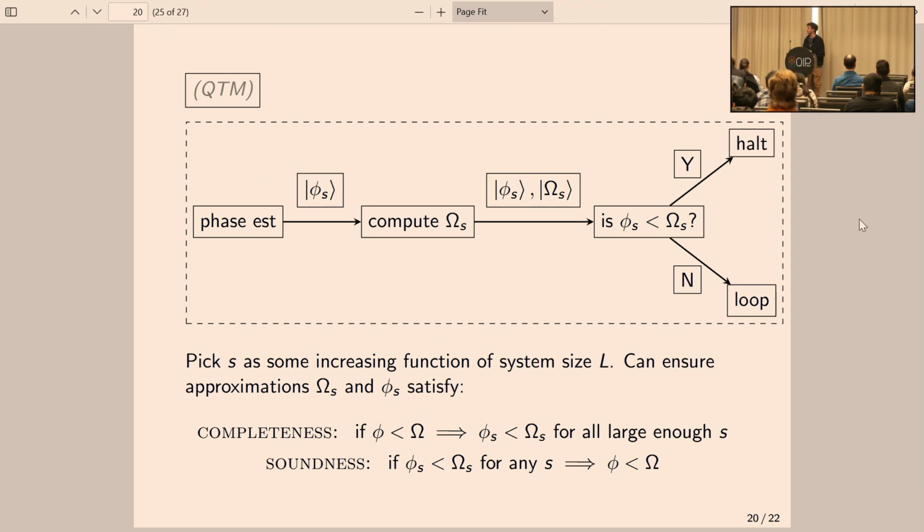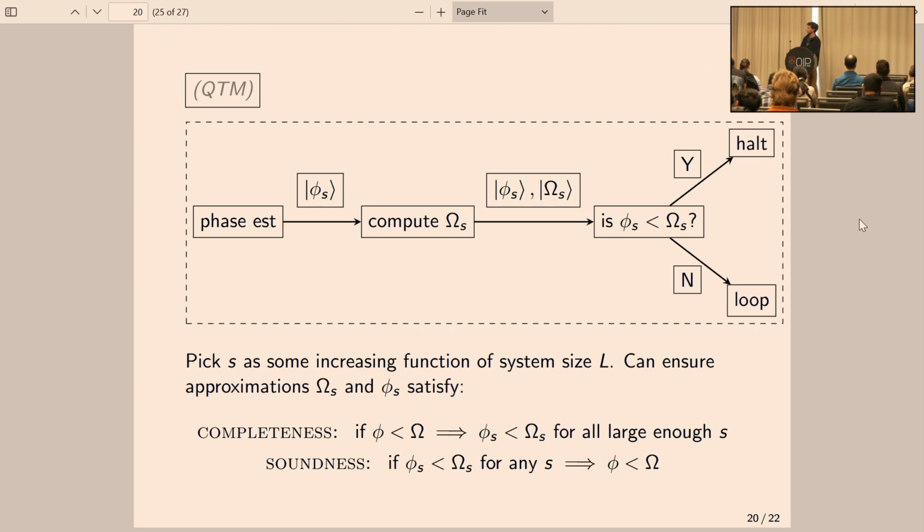So again, detailing what the quantum Turing machine is doing a little bit more. First, it's performing phase estimation, so that it gets out an approximation to this external parameter. Then it's computing an approximation to Chaitin's constant, and then it's comparing the two, and either halting or looping. And if we pick our s cleverly as a function of system size, we can ensure that nothing goes wrong when we're considering these approximations rather than the actual values.